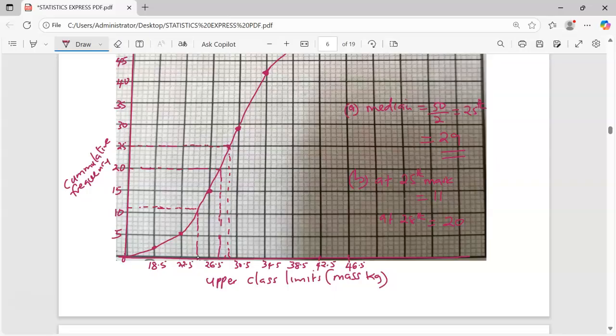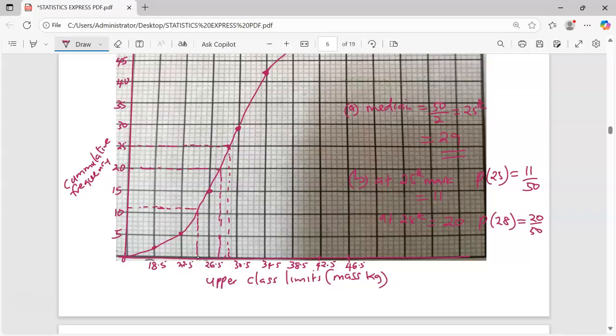Now to get the probability, it becomes very easy. At the 25 mark, the reading is 11, so we have 11 out of 50. At the 28 mark, the number we have is 20 out of 50.